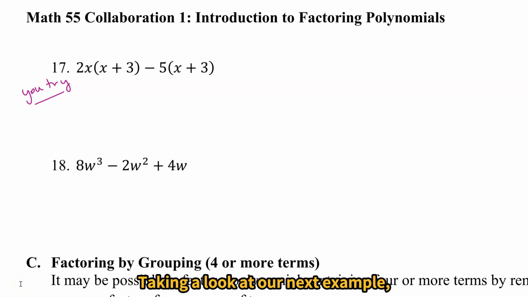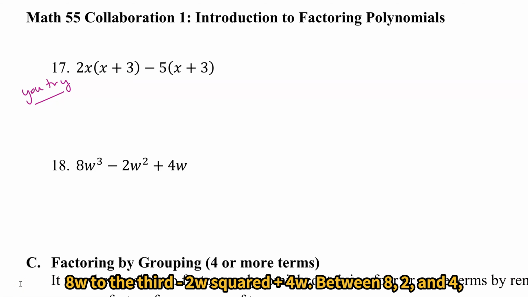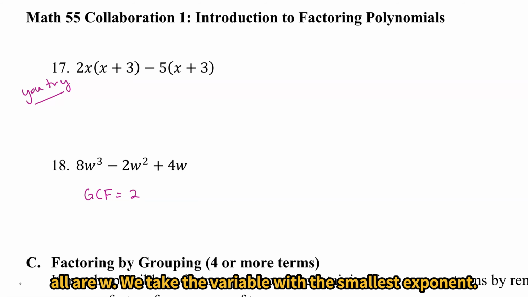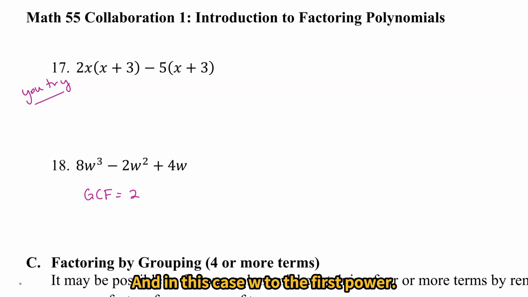Taking a look at our next example, 8w to the third minus 2w squared plus 4w. Between 8, 2, and 4, they all have a common factor of 2. And then noticing the variables all are w, we take the variable with the smallest exponent, and in this case, w to the first power. So 2w.